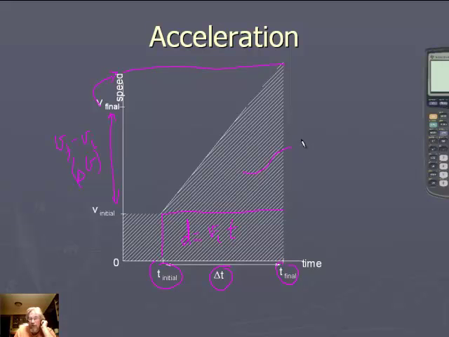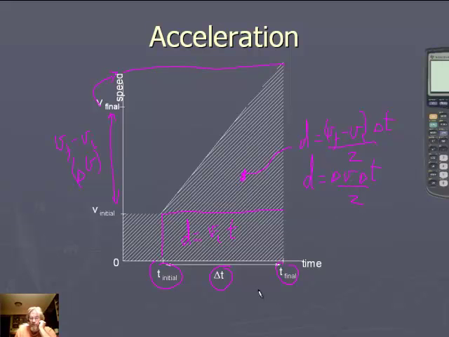Well, here our distance is going to be, for the triangular region here, equal to vf minus vi, that's the height, times the base, which is delta t, all divided by 2. Or we could say delta v times delta t divided by 2 is distance.